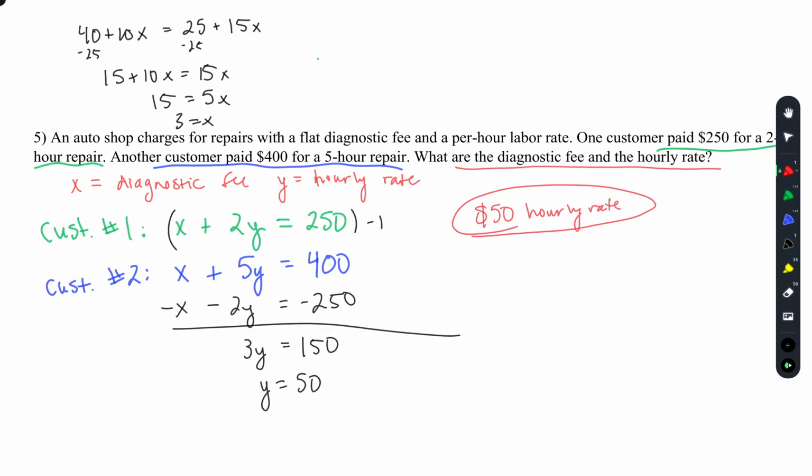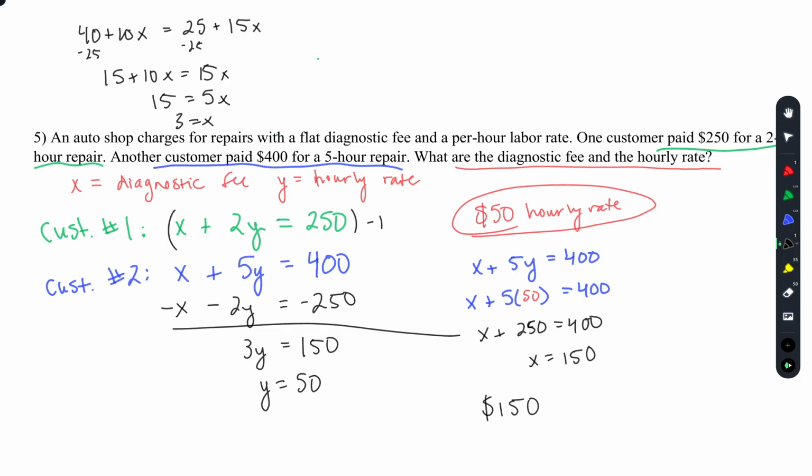And then I need the diagnostic fee. I'll just use X plus 5Y equals 400. So I'm going to do X plus 5 times 50 equals 400. So I get x plus 250 equals 400, so 150. So 150 diagnostic.